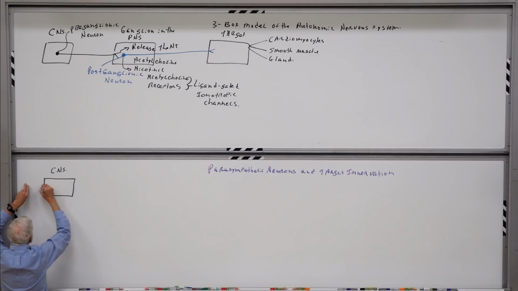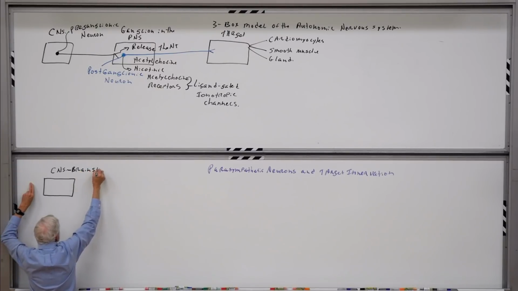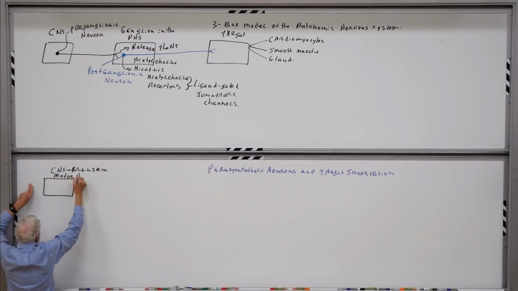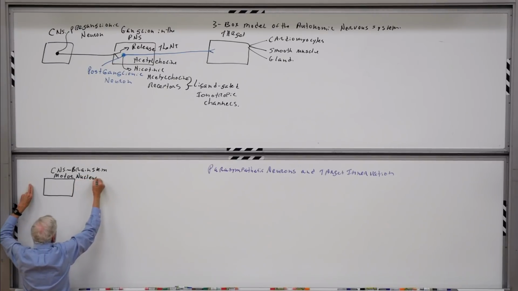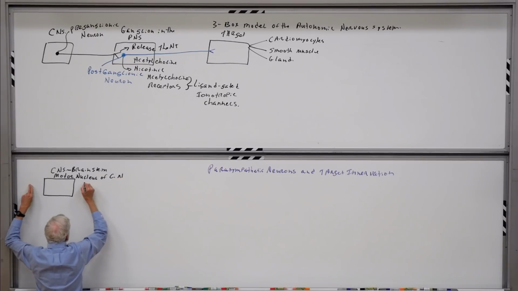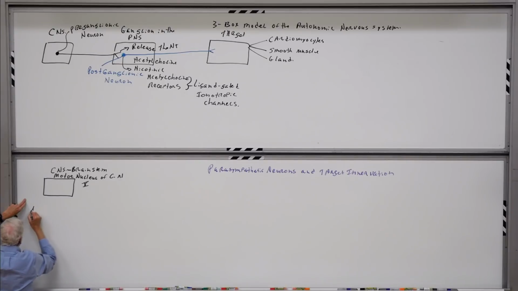So for our purposes, we're going to be talking about the brainstem. And specifically, we're going to be talking about something known as the motor nucleus of cranial nerve 10. Cranial nerve 10 has another name. It's called the vagus.